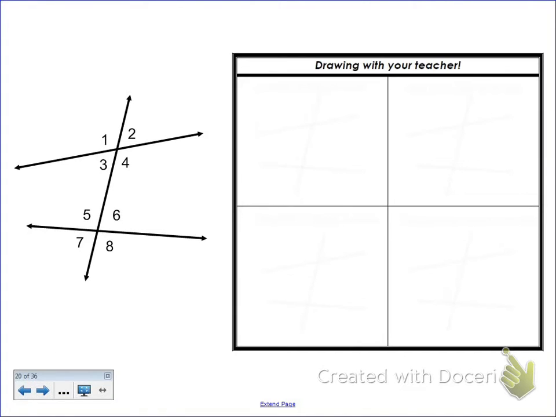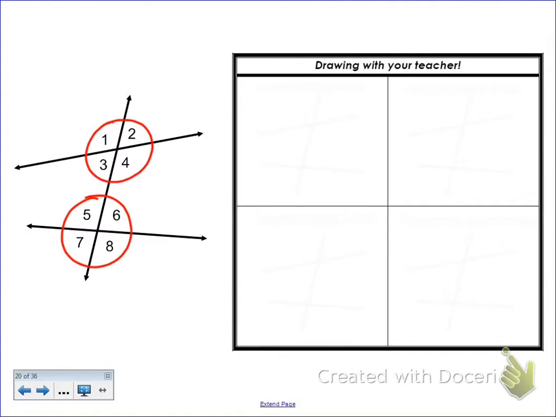When I have two lines cut by one transversal, I'm going to have 8 separate angles. We notice that we've got 2 groups of angles: one group at the upper portion with the intersection of my first line and the transversal, and a second group with my second line and the transversal.